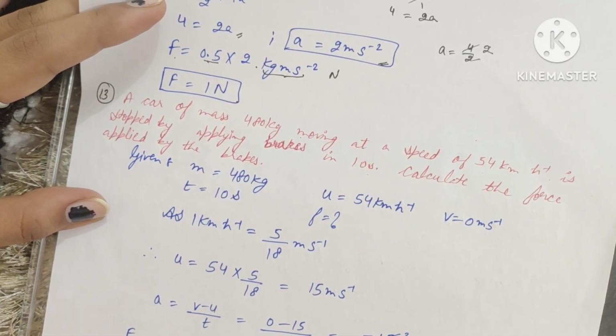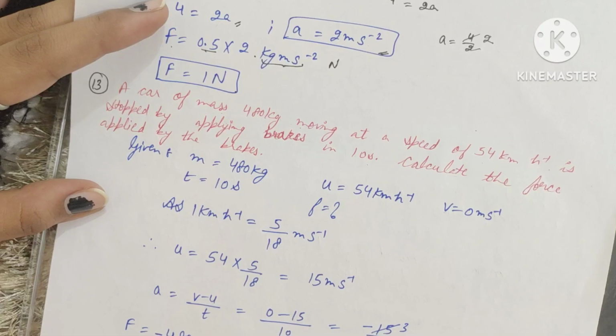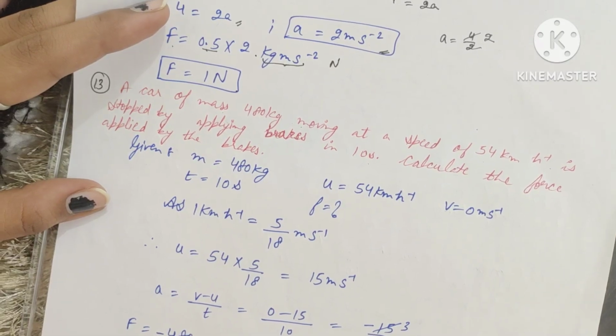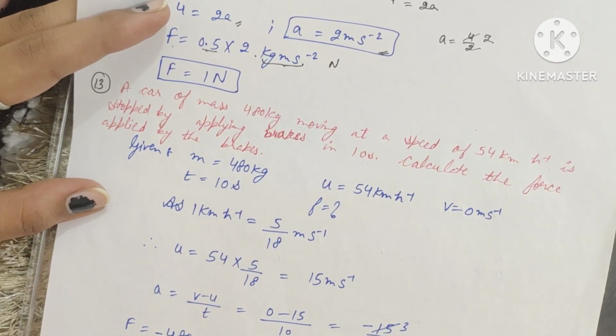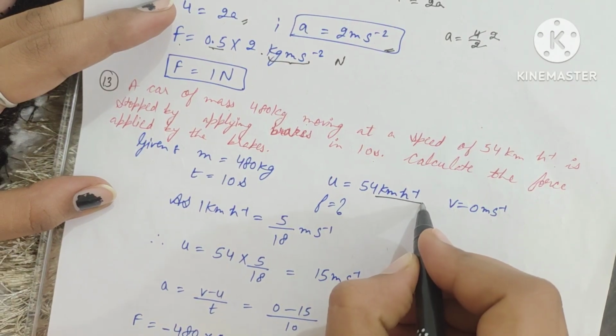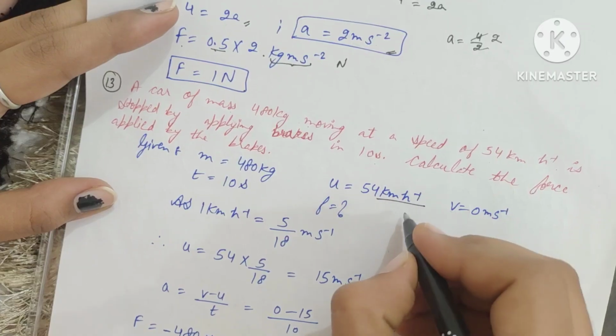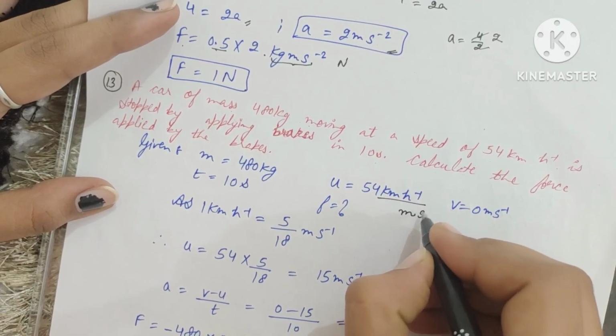Before calculating the force applied, we have to check all the formulas once to see which is appropriate for solving this question. Firstly, the things given here are not in the SI system. The speed is in kilometer per hour. We have to convert it into meter per second.